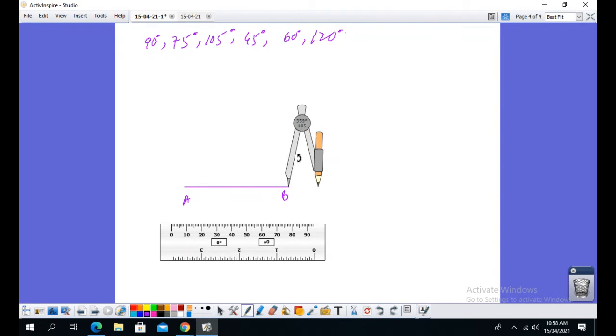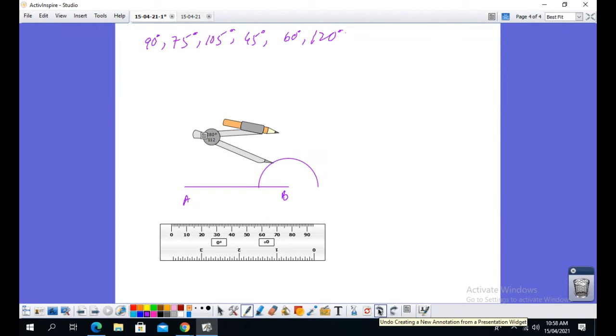And draw an arc from here. The first arc is of 60 degree, and then we replace here compass. Here we place compass and then we draw another arc.